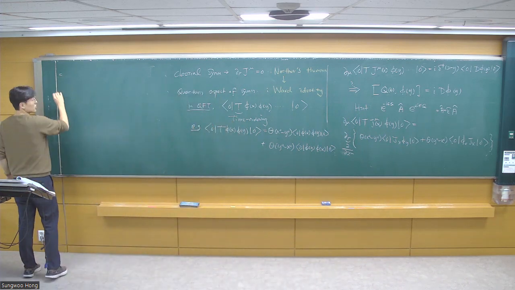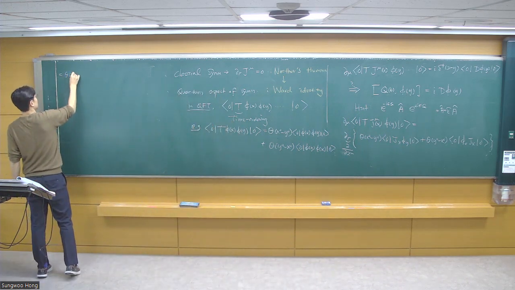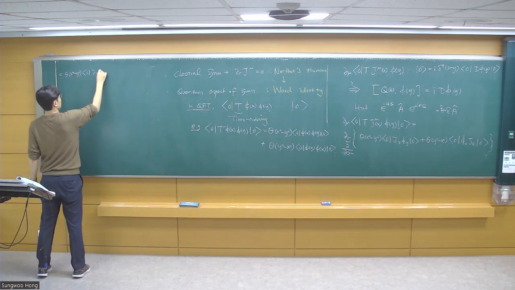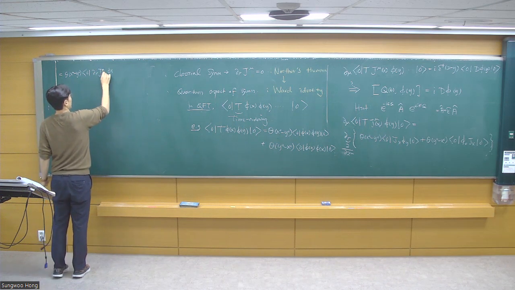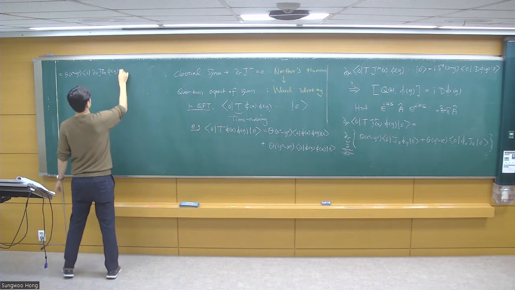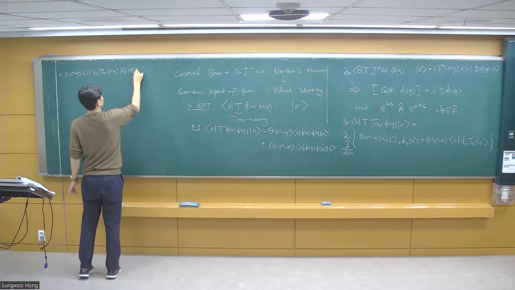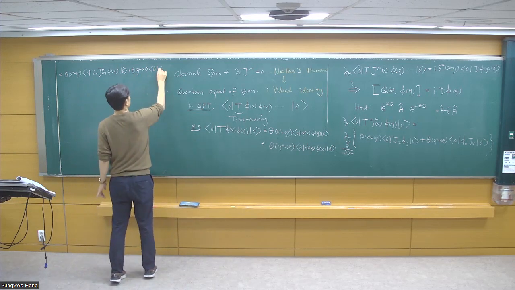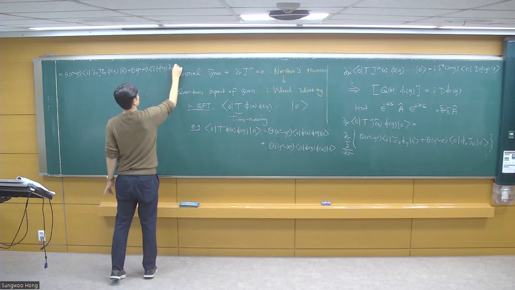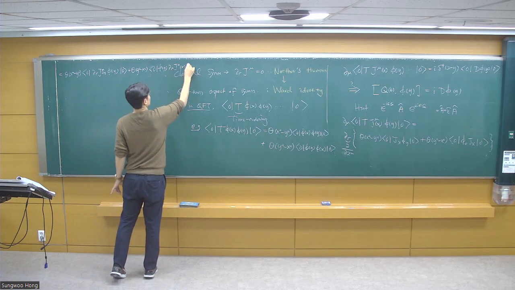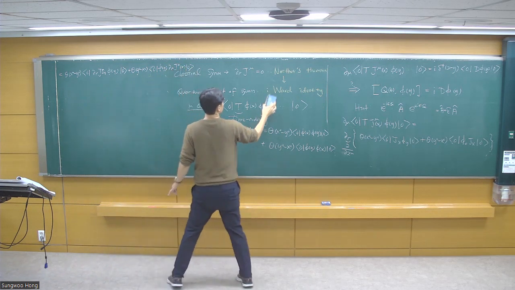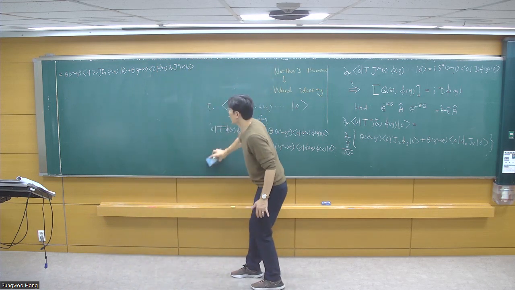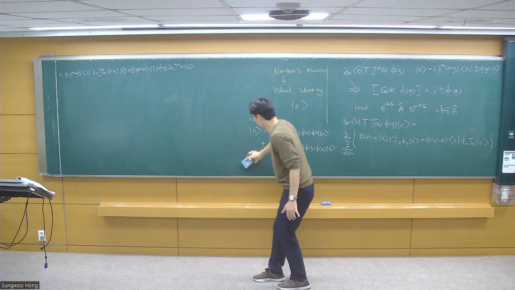So if I just act first on the j's, I get the following: x0 minus y0, x, y. Okay, so that's when I act the derivative on the j's.